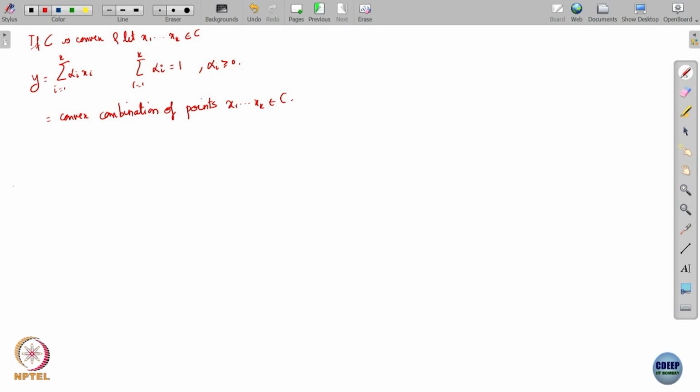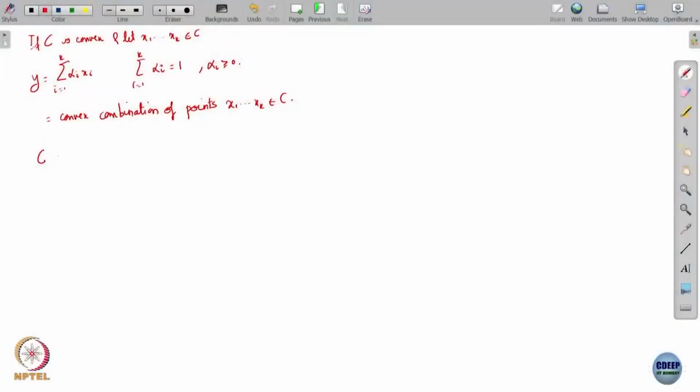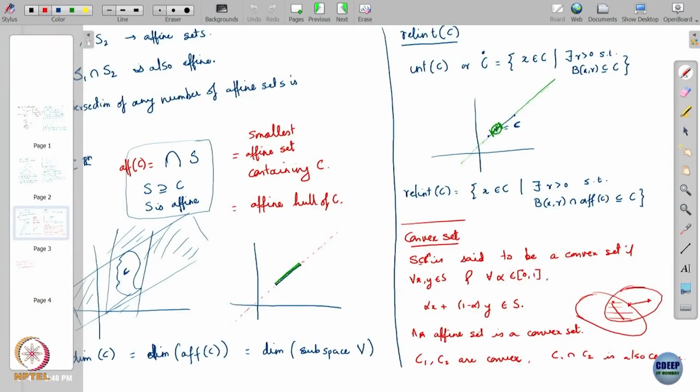So, if C is convex, then what can you say about convex combinations of points in C? You take some k points, take any convex combination of those k points. What can you say about the convex combination y? It also lies in C, right. It is not very hard to imagine. Let me just show you. Take 3 points here, for example.